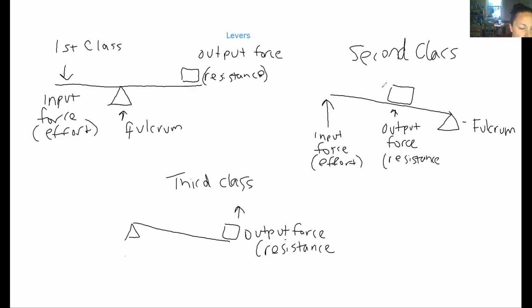You have your fulcrum here, or your pivot point, and then your input force is going this way. And that's your effort.